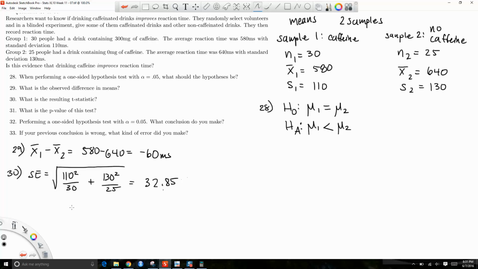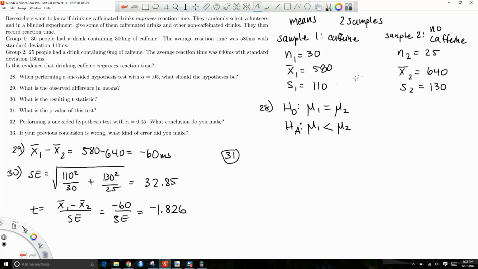And then as far as the test statistic goes, that's going to be x bar 1 minus x bar 2 divided by our standard error. So I get negative 60 over the standard error, and I get negative 1.826 for number 30.